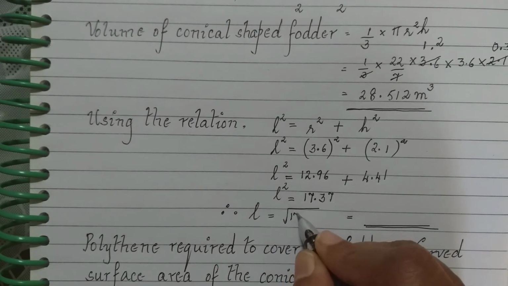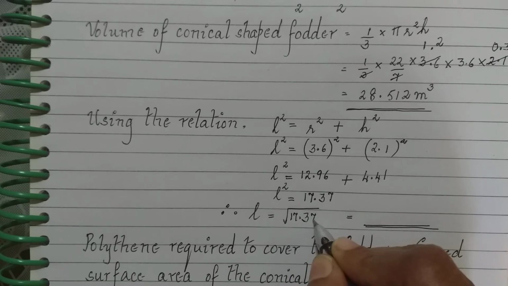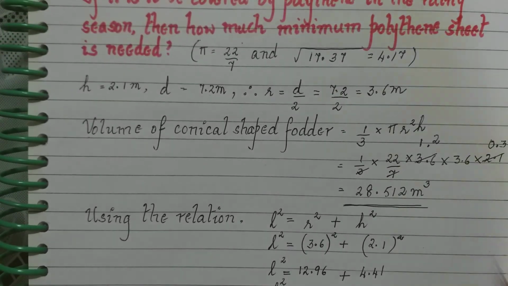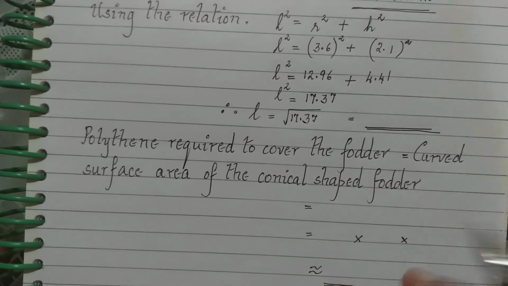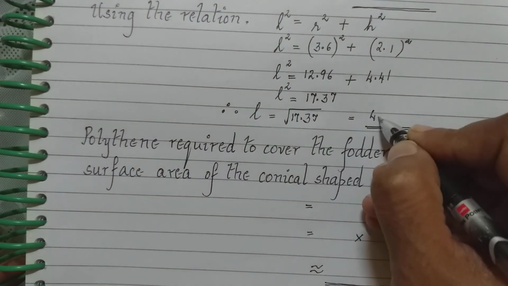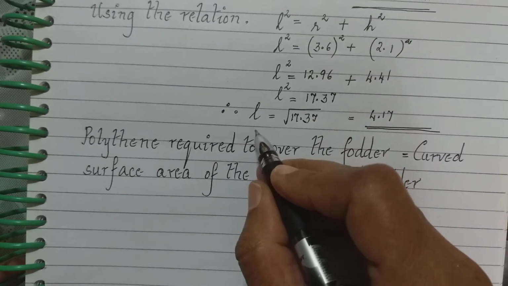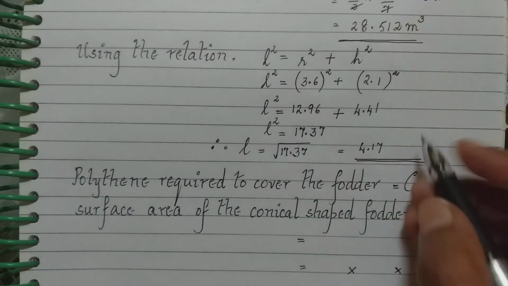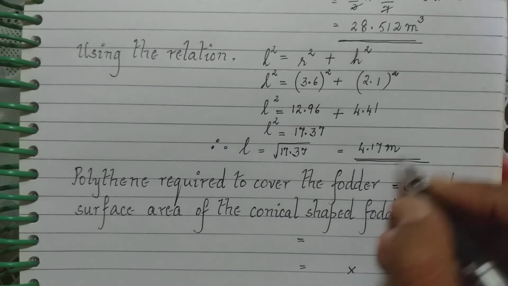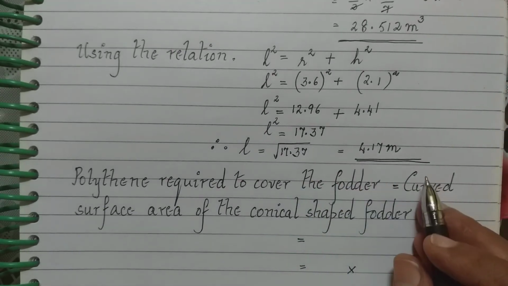Square root of 17.37. That was given to us in the question. What is square root of 17.37? That was 4.17. So we write here 4.17. What is the unit? Here it was in meters, so length also will be in meters. 4.17 meters. So this is the slant height.